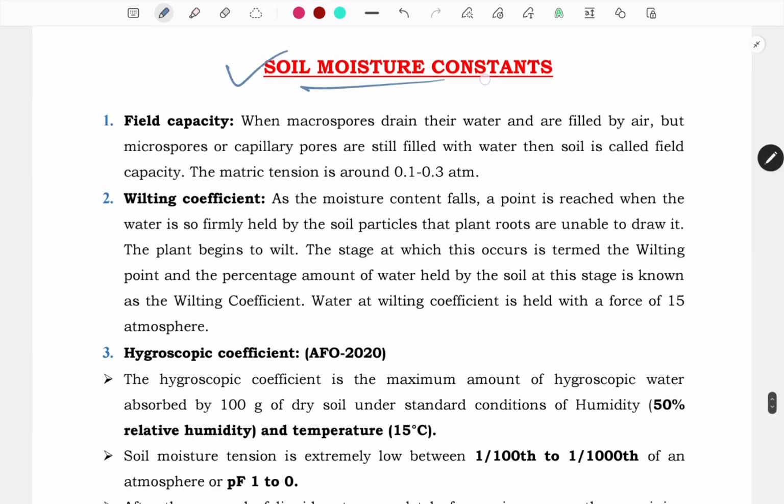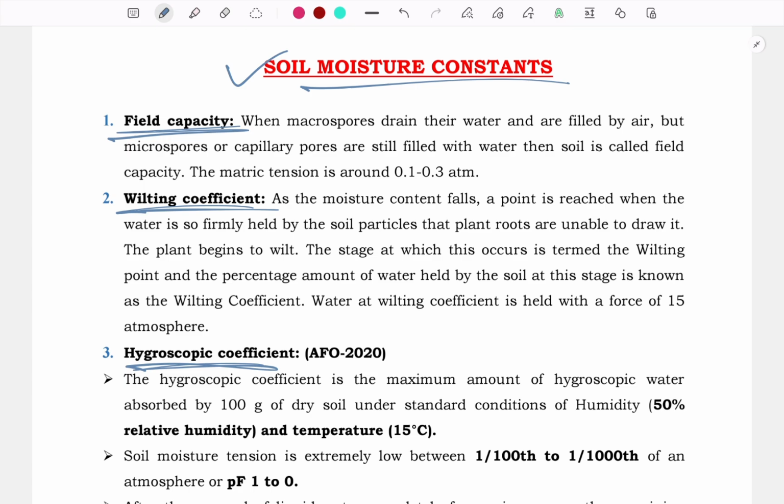There are some soil moisture constants. There are three constants. One is field capacity, one more is wilting coefficient, and the third one is hygroscopic coefficient. See, when there is rainfall, water from macropores drains due to gravity, and after some period of time, for example 2 to 3 days, water in the micropores will be present.